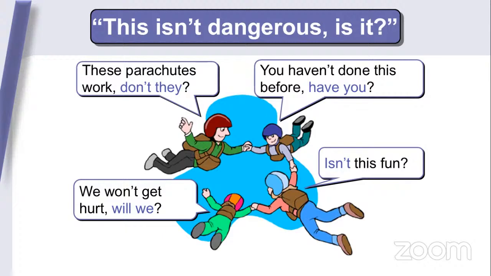All of those tag questions have something in common. The statement would be negative or positive, but depending on that, the tag will be positive or negative, but it never will be the same.